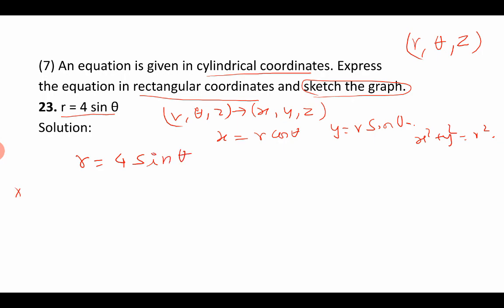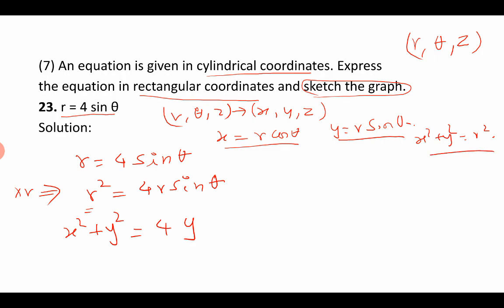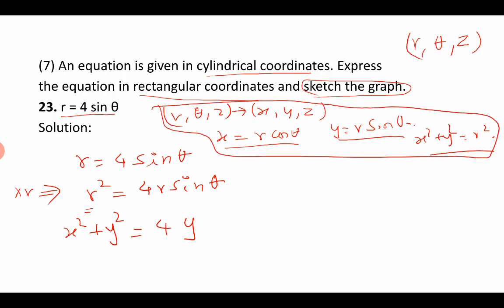Multiply by r on both sides. You get r square is equal to 4r sin theta. The r square is, as we know, x square plus y square. On the right side is 4 times y. From these rules, the relation between rectangular and cylindrical coordinate system, we will find this.